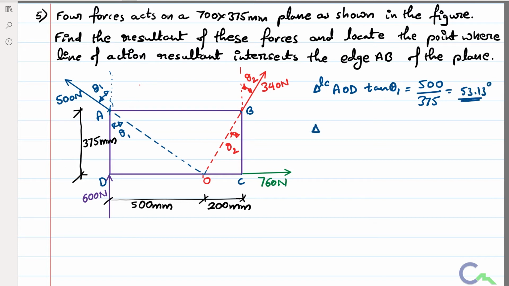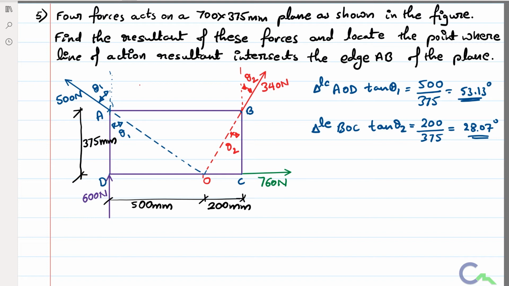In triangle BOC, tan theta 2 is equal to opposite 200 by adjacent 375, so we will get 28.07 degrees. So I got all the angles now.